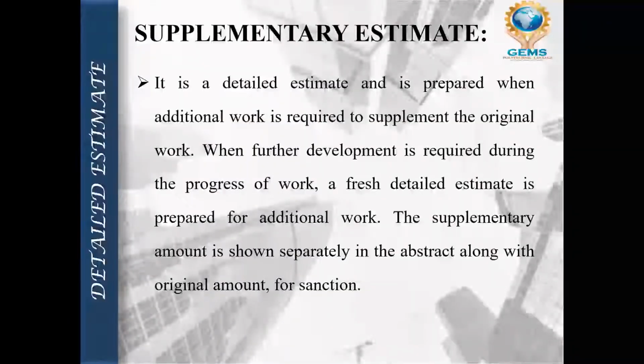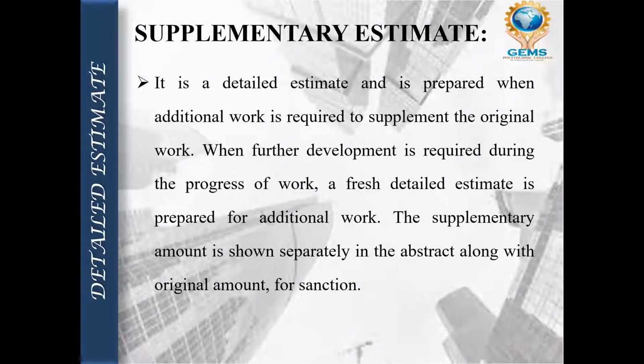Then the supplementary estimate. A supplementary estimate is used for additional works. It is also a detailed estimate and is prepared when additional work is required to supplement the original work. If you are constructing a building and you are interested in doing additional work that you haven't planned in the estimation, we have to do a supplementary estimate.